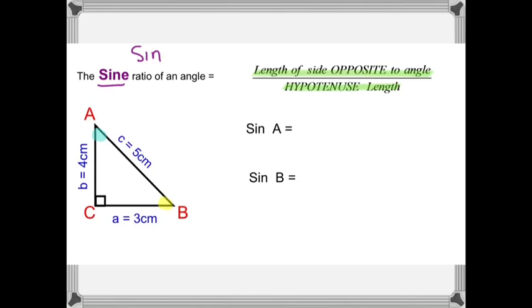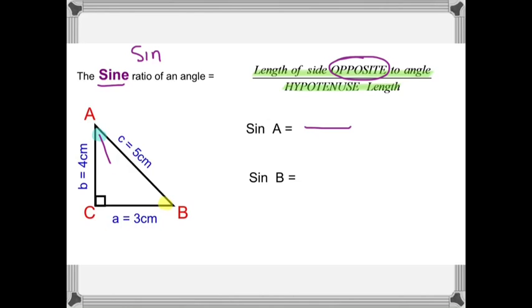So if I focus on angle A, I always have to indicate the angle. I can't just say sine is equal to something. No, the sine is a function that takes in an angle. The input of the sine function is an angle, and what it does is it gives you back a ratio of side lengths. So I say, okay, sine of A, I want to look at the opposite side.